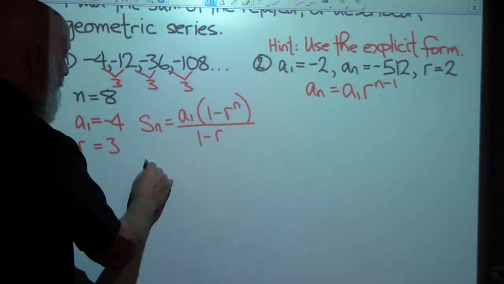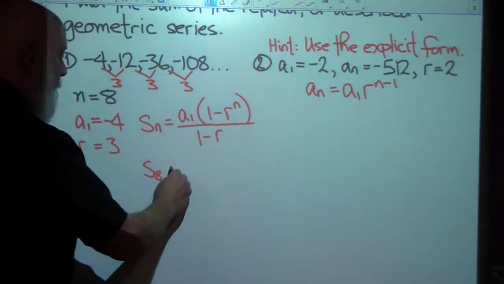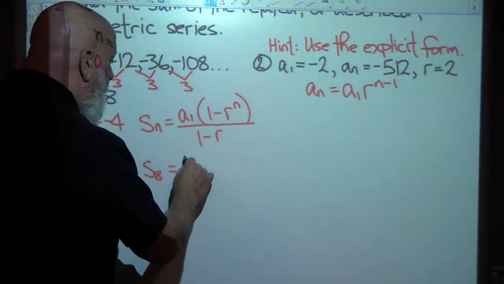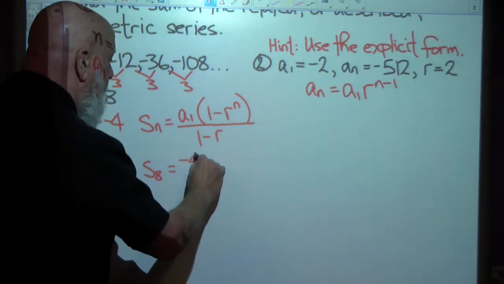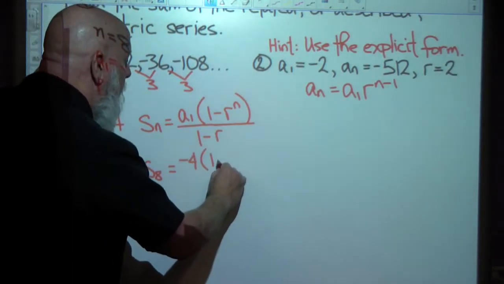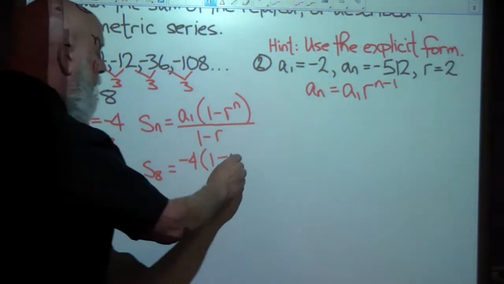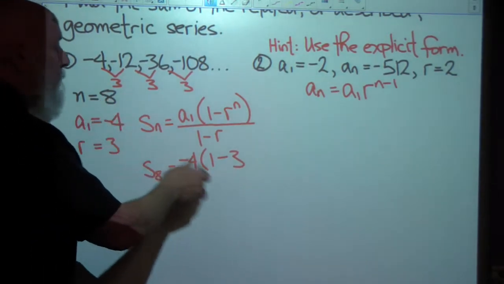So I'm looking for the sum of 8 terms, because it asked me for that, is equal to A sub 1, that's the first term in the series. A sub 1 is, what was it, -4? Times the quantity 1 minus R. I found R to be 3. The number of terms is 8. That was given to us.